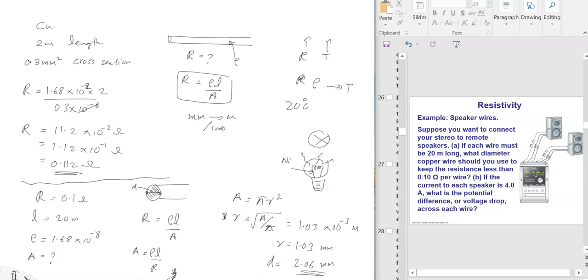Question number 2 asks, if the current to each speaker is 4 amps, what is the potential difference or voltage drop across each wire? Let me erase something here and make some space.